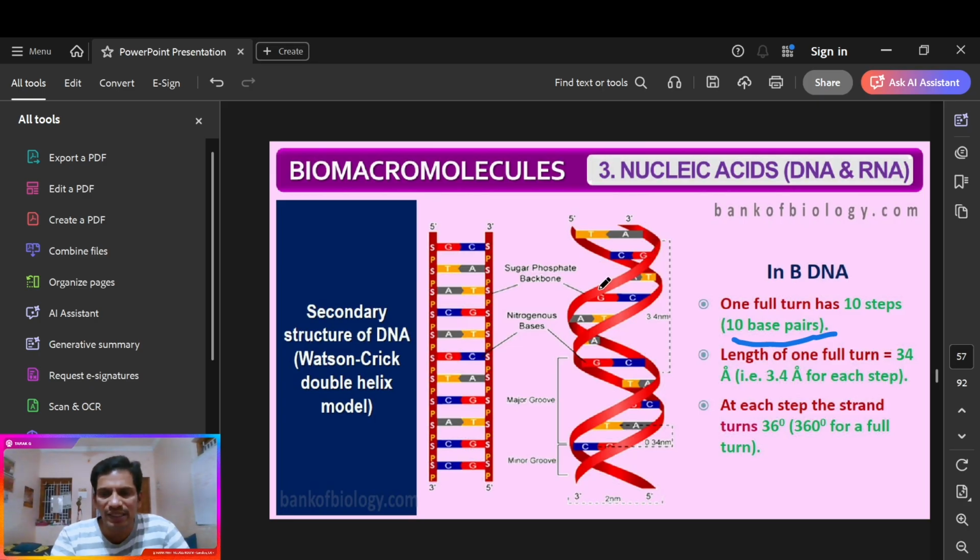Each step is how much? 3.4, right? 3.4 times 10 comes to 34, right? At each step, the strand turns 36 degrees, or 360 for a full turn, right? A full turn has 10 base pairs, the length of the full turn is 34 angstroms, and each strand turns 36 degrees.